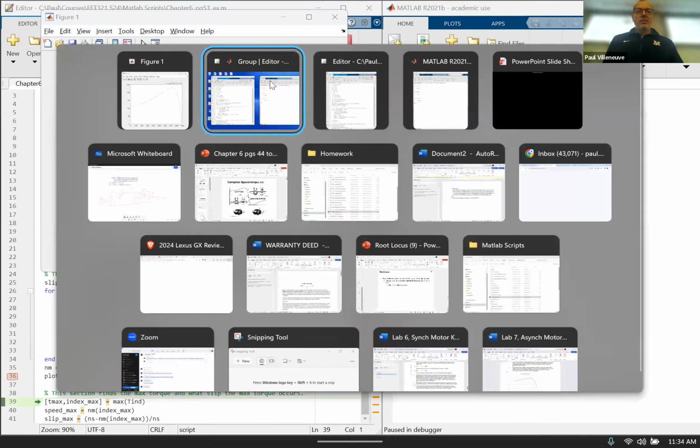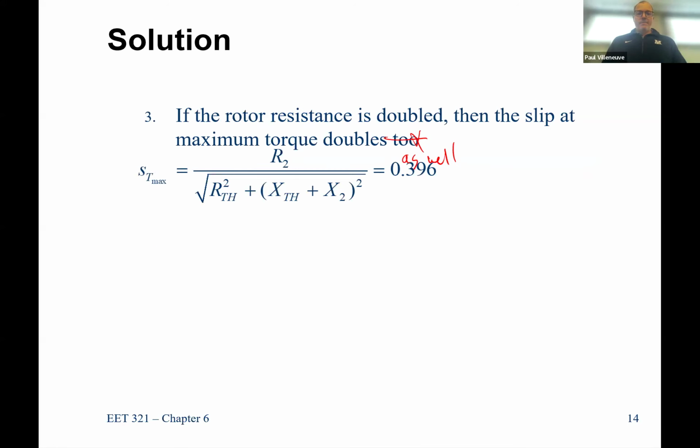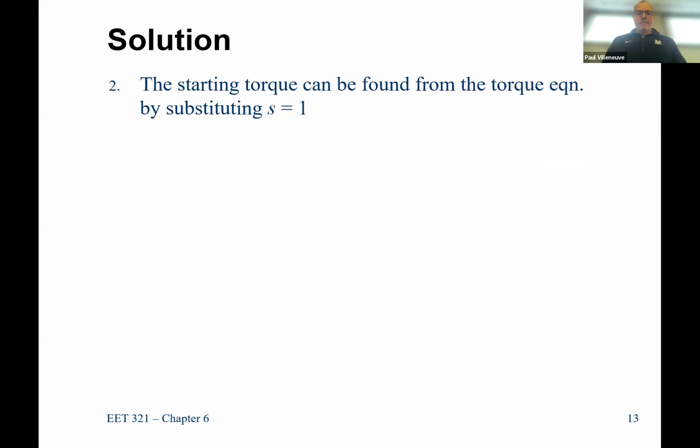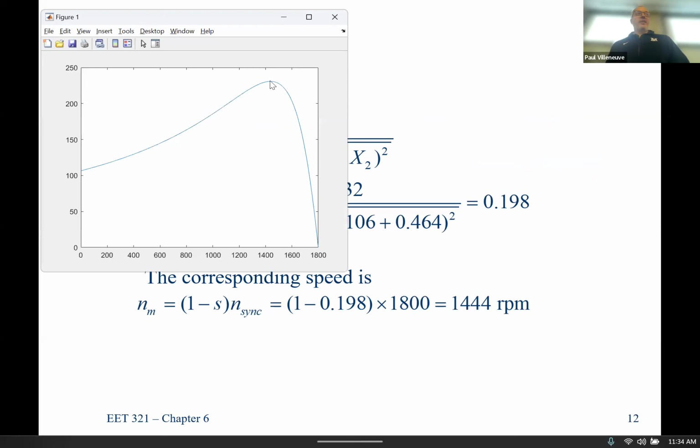Do you recall? 1444 RPM. So doing the Thevenin equivalent approach is pretty accurate, but not as accurate as MATLAB. So 1444 versus 1438 seems close enough for me.